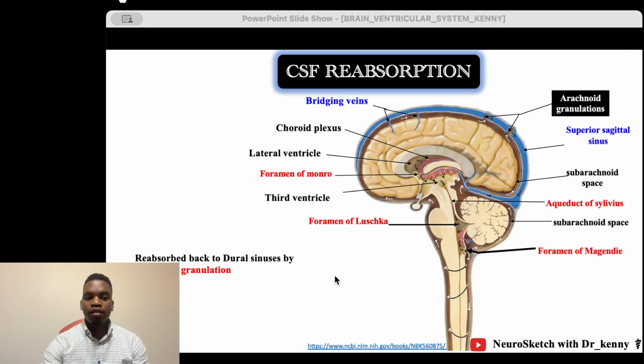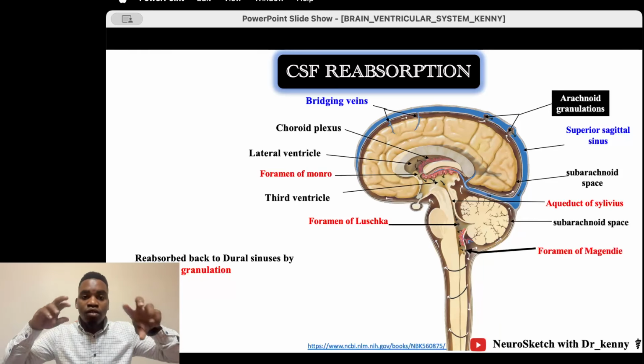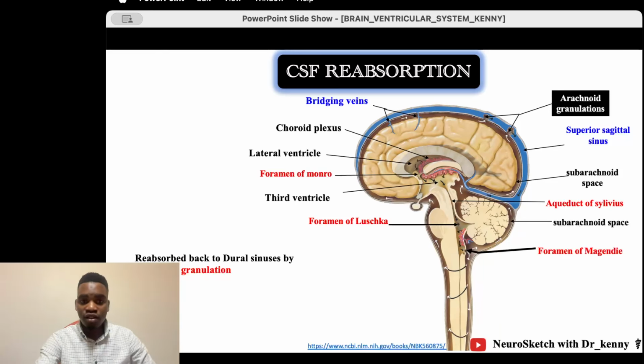Okay. So that's a bit of the circulation of the cerebrospinal fluid, from production to circulation and to reabsorption. As I've told you, we have the choroid plexus, they produce the cerebrospinal fluid at a constant rate.